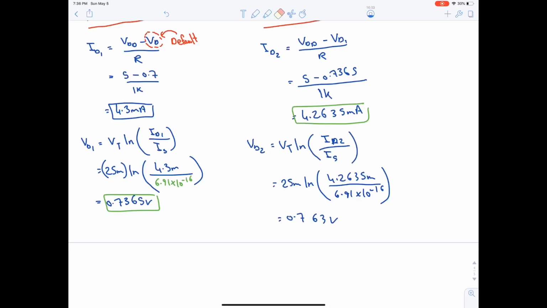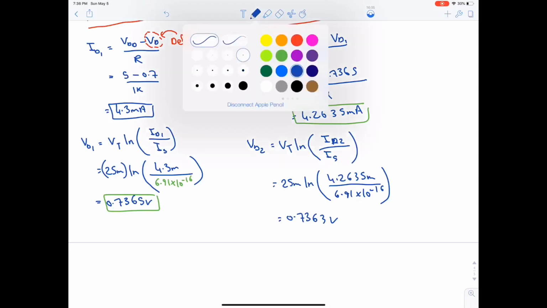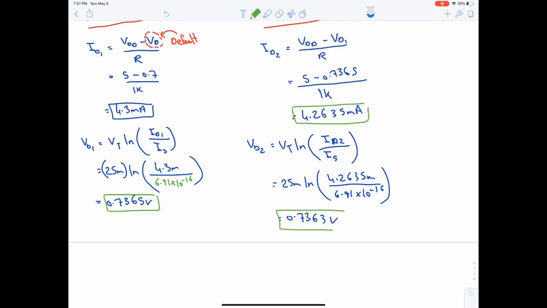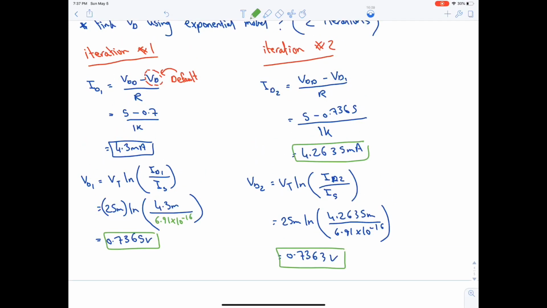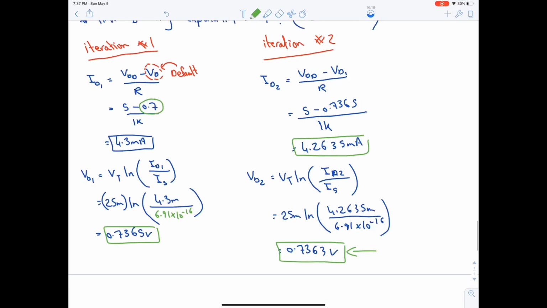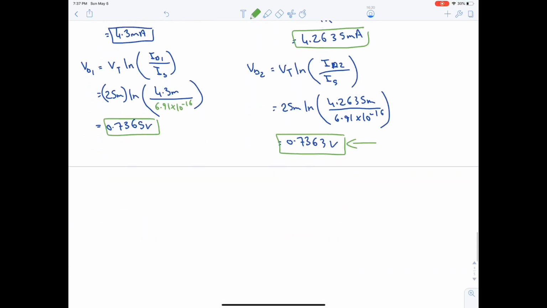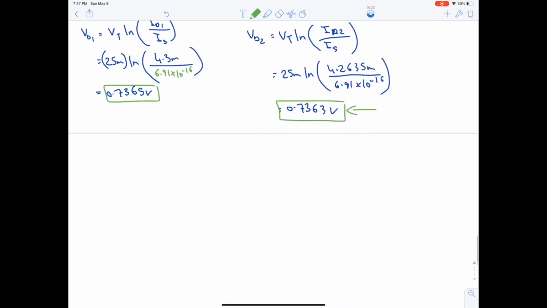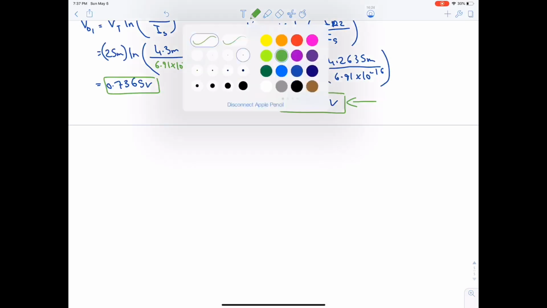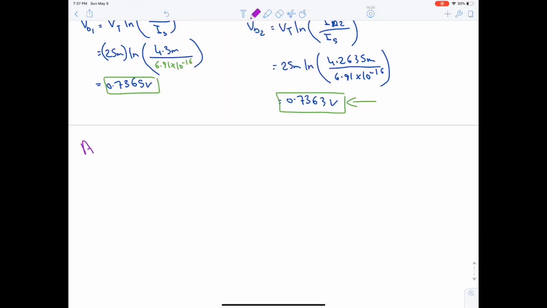As you can note here, when we started, the default VD was 0.7. But when you use the exponential model, you ended up with 0.7363, which is more accurate. Now, the other solution which I recommend.